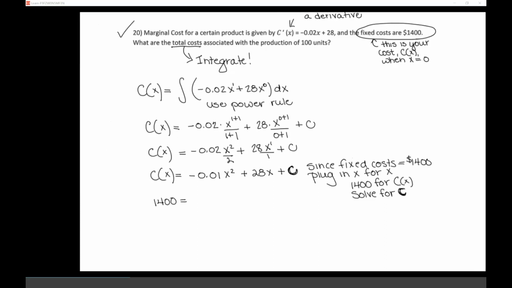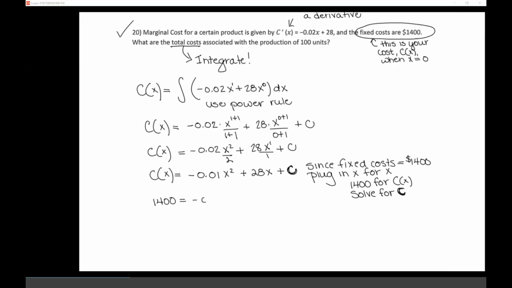So I'll put in that for cost, and then I'll put in 0 for X. Okay, take a look at what happens. 0 squared is 0. 0 times negative 0.01 is still 0. 28 times 0 is 0. Both these terms drop out. And I get 1,400 equals C.